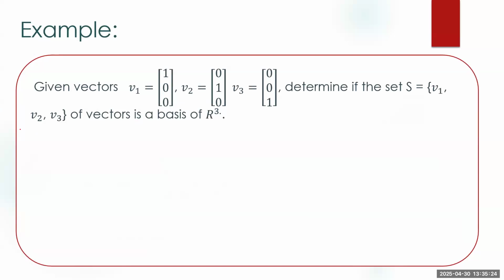Again, to identify this, we must, of course, show that this set of vectors spans the vector space R3. So meaning span V1, V2, V3 is in R3.